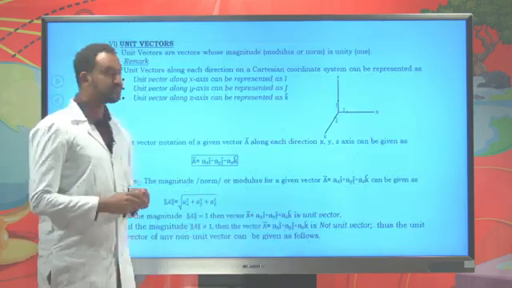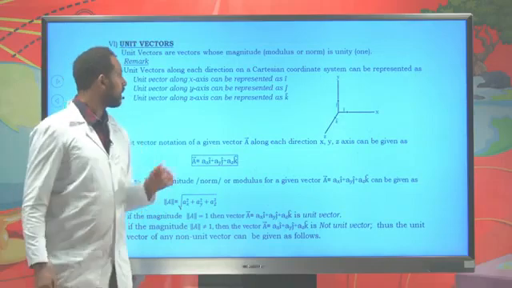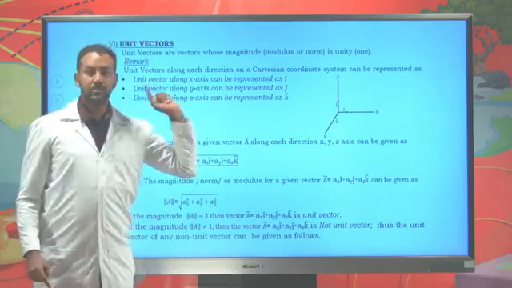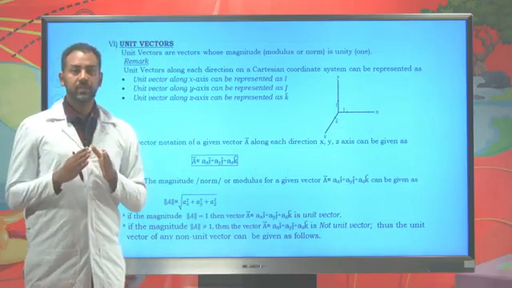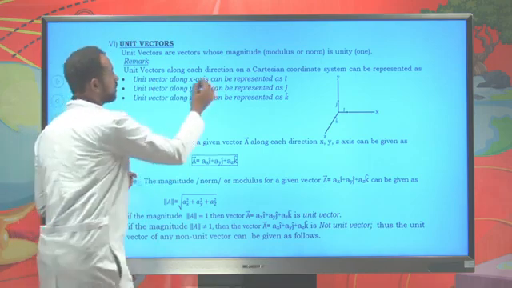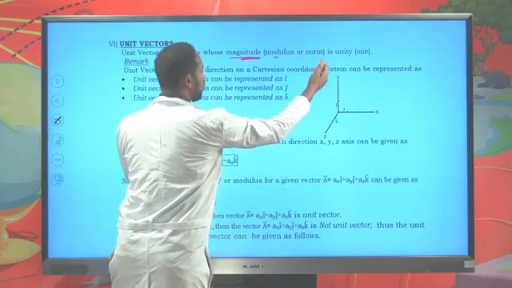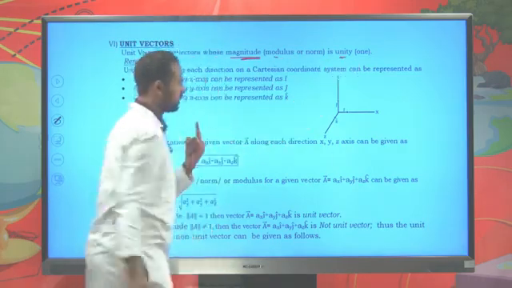Now let's proceed. The other most important vector is the unit vector. And the unit vector, as the name implies, has a magnitude of unity, which means 1. The magnitude, or the modulus, we call it modulus, norm, or magnitude, should be 1.